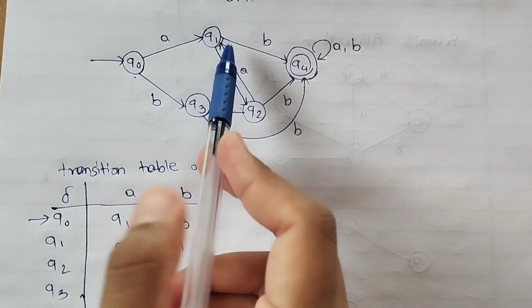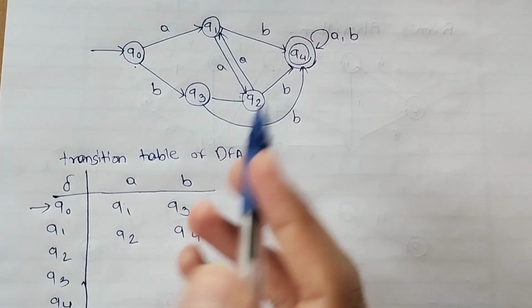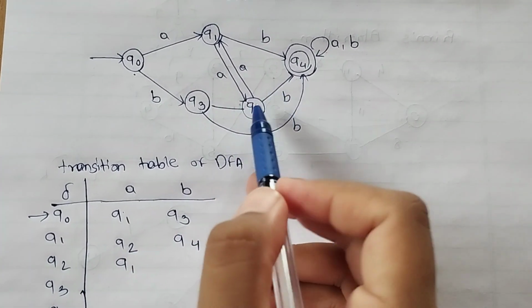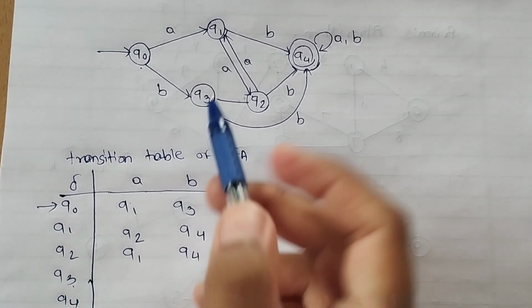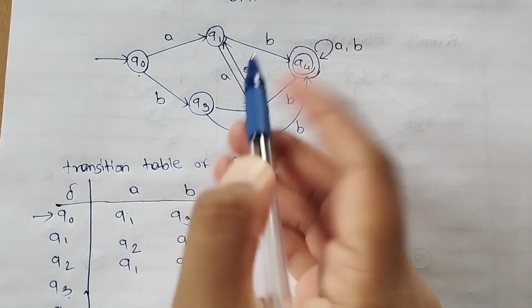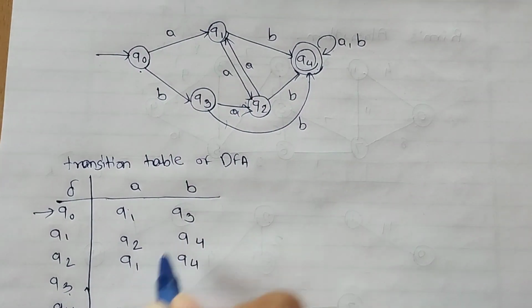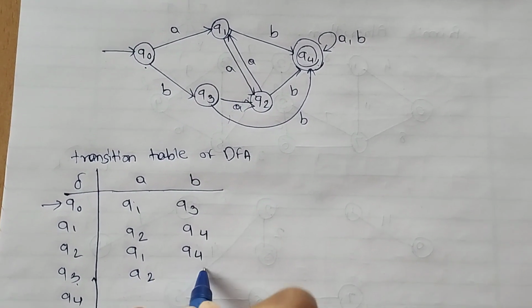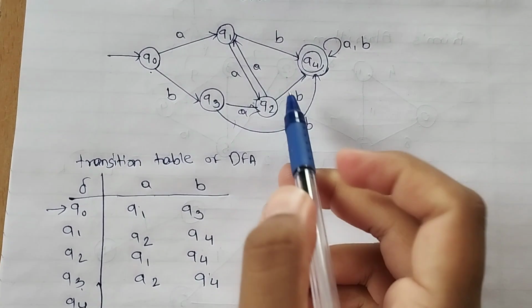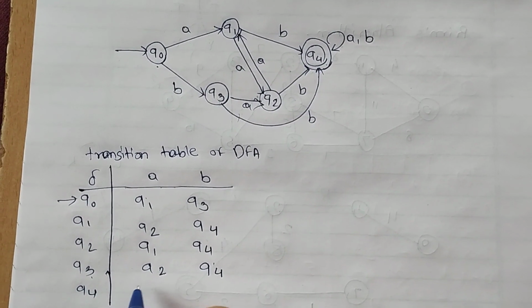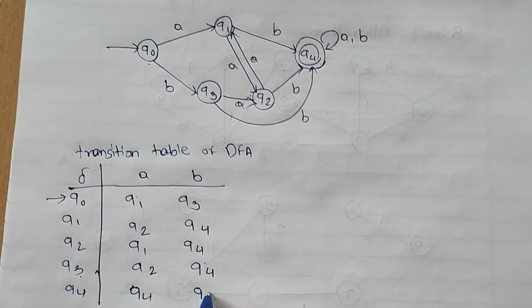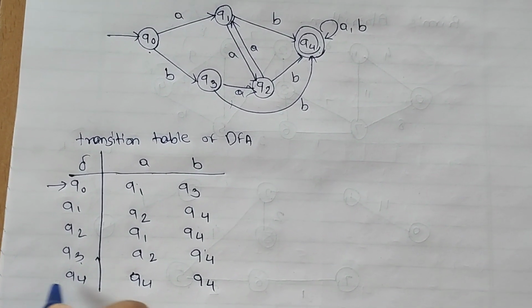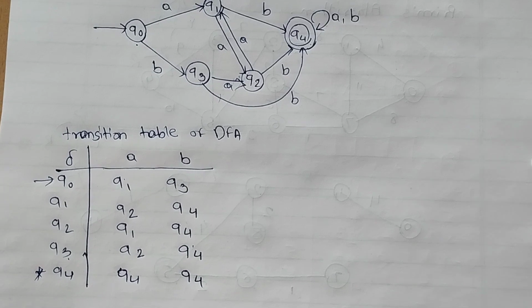Q2 reads A in Q1 and B in Q4. Now Q3 reads A in Q2 and B in Q4. Now Q4 reads A in Q4 and B in Q4. This is our final state.